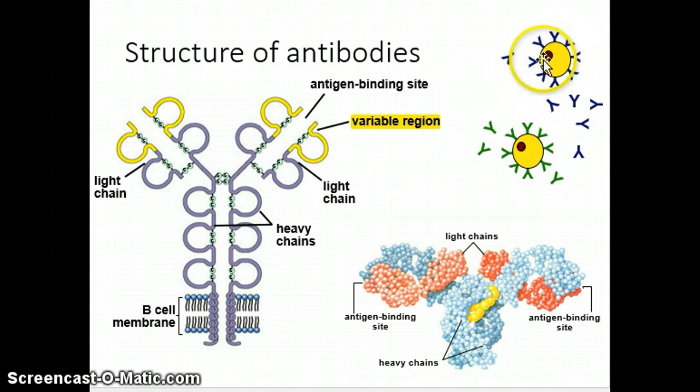So you can see here we have these antibodies that are bound into the membrane of these B cells, and they can also be found floating free in the bloodstream. So they can function in two different ways. And this is again a more graphic three-dimensional picture of what an antibody looks like.